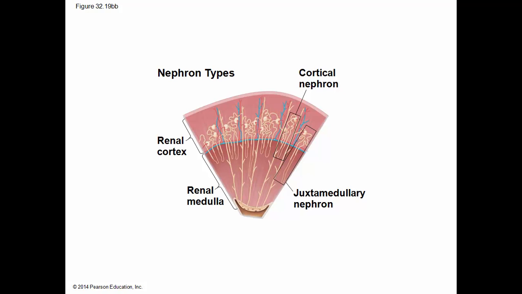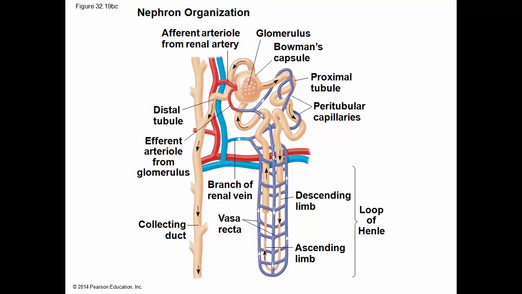The nephron organization. Each nephron consists of a single long tubule and a ball of capillaries called the glomerulus. The blind end of the tubule forms a cup-shaped swelling called the Bowman's capsule, which surrounds the glomerulus. I got ahead of myself there. So basically, here's your afferent arteriole from the renal artery.